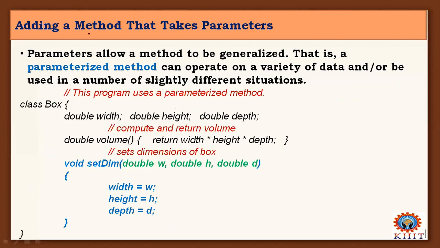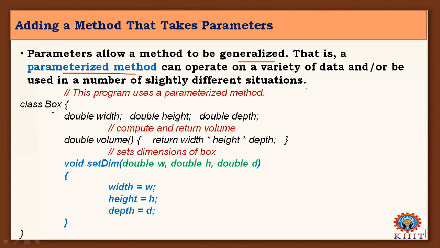Next one, adding a method that takes parameters. We now move on to define methods with parameters, as well as without parameters. Parameters allow a method to be generalized, that is, a parameterized method can operate on a variety of data and be used in a number of slightly different situations.